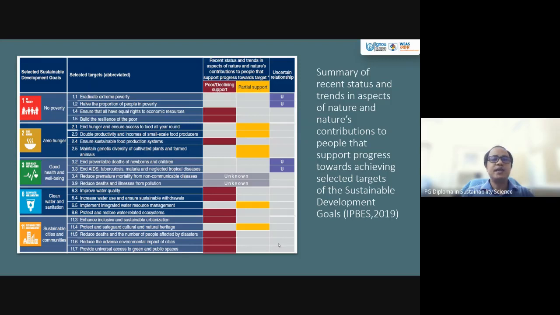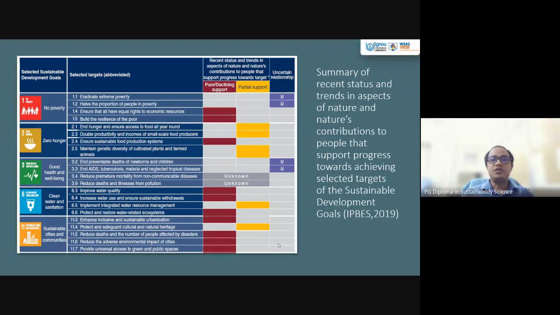In the same way, when you talk about good health and well-being, it is related to what we are talking about: ecosystem function, then the provisioning services given by the ecosystem. You may have good health infrastructure, but if you do not have a good natural environment, it will be very difficult to have good health and well-being.